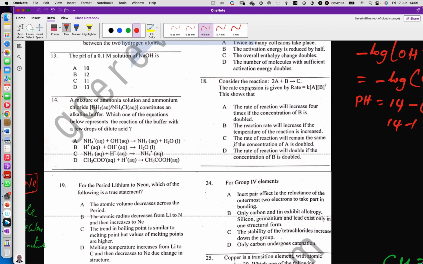To have the pH for this solution, we need to look for the negative log of the OH ion concentration, 0.1 molar of OH ion. That will be our pOH. Then we can have our pH by subtracting it from 14.